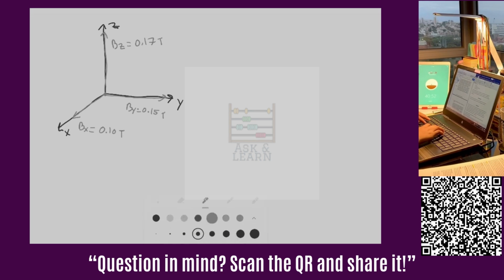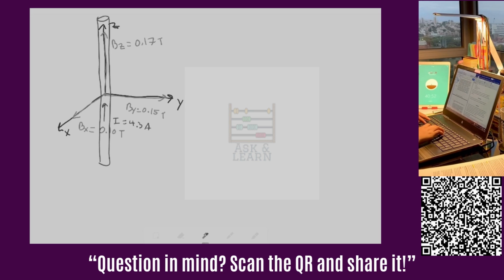We're also told that there is a wire that runs along the z direction, say something like this. And it carries a current I in it. And that current is given as 4.3 amps.